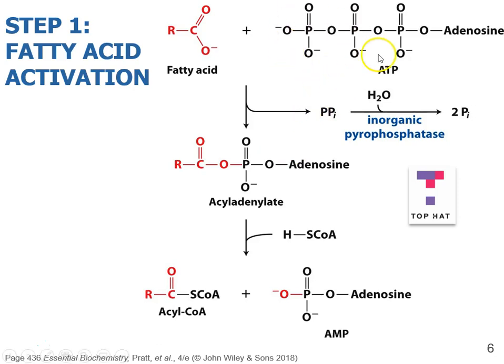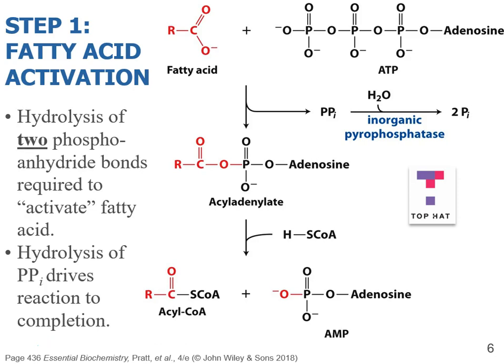We'll do a hydrolysis here, and we'll release pyrophosphate, and then we'll hydrolyze another phosphoanhydride bond to yield 2 inorganic phosphates. And again, AMP is our leaving group. So what we've done in this step is we have spent 2 phosphoanhydride bonds to synthesize acyl-CoA.